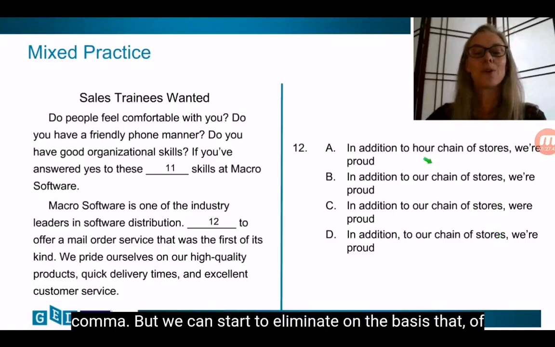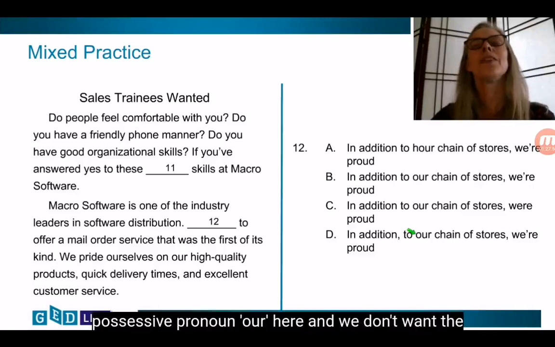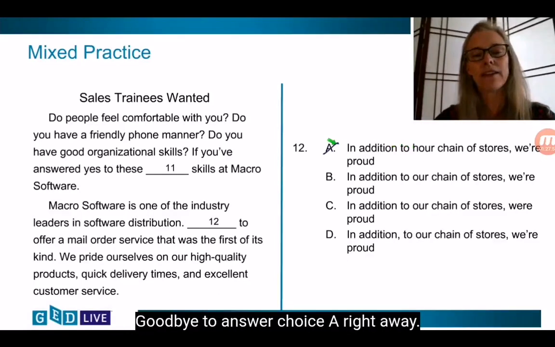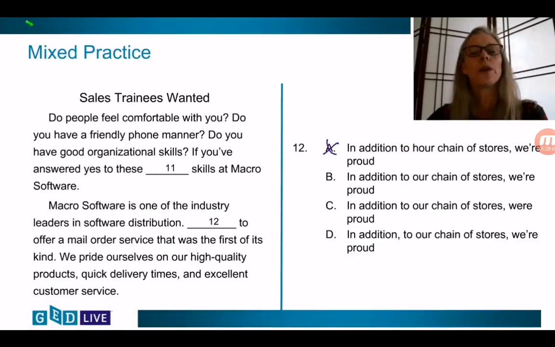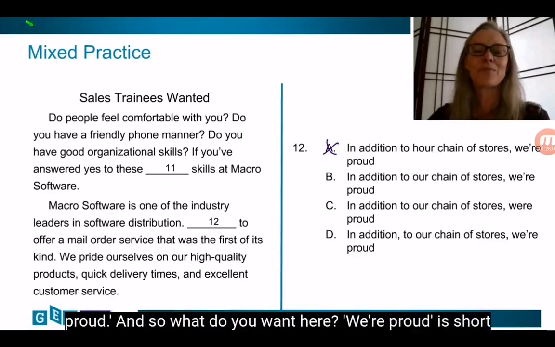But we can start to eliminate on the basis that, of course, we want the possessive pronoun our here. We don't want the word hour, which refers to an hour of time. So, okay, goodbye to answer choice A right away. And then let's see what other differences we have. In addition to our chain of stores, we're proud.